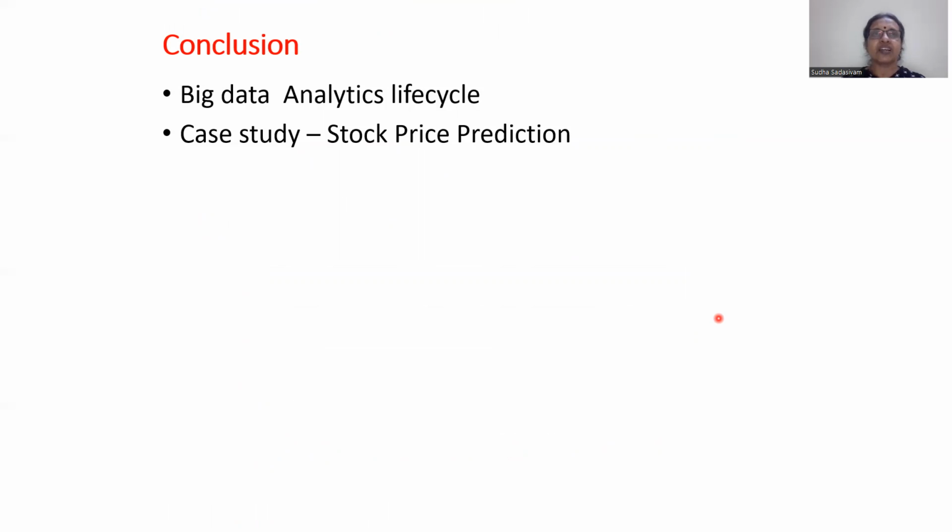Initially, we considered the 9 different phases of the big data analytics life cycle. What is the functionality of each phase? Then we explained what all operations can take place in each of the phases by considering a sample use case of stock market price prediction.